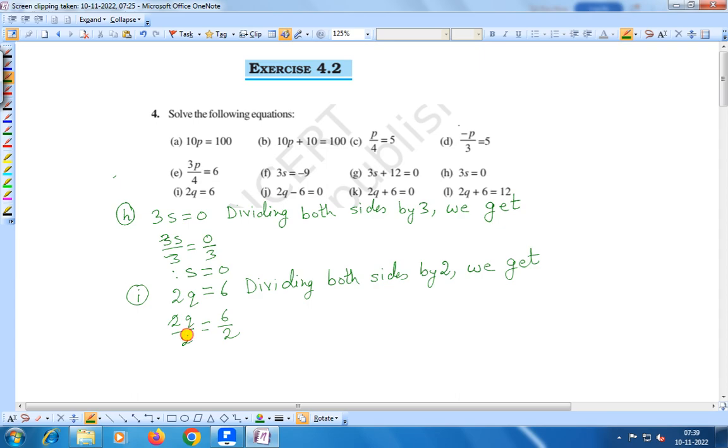These 2s will be cut, and 2 3s are 6. Therefore, q is equal to 3.